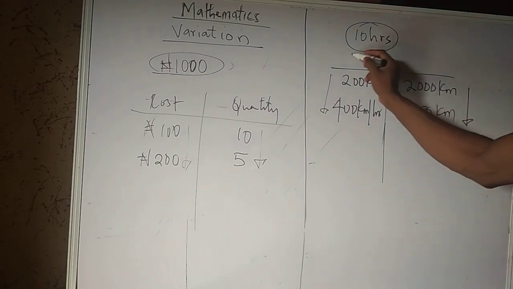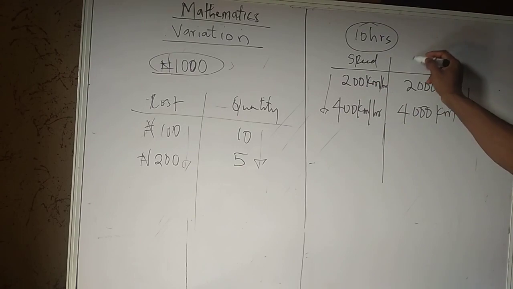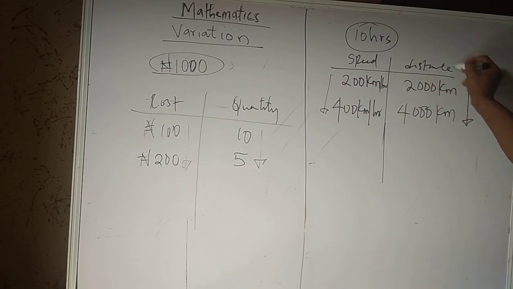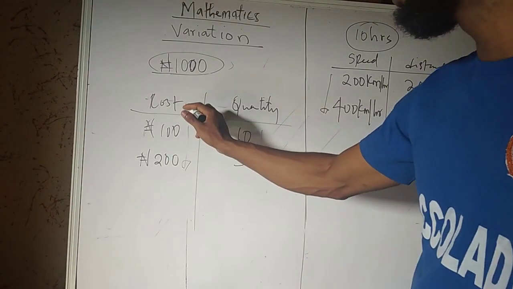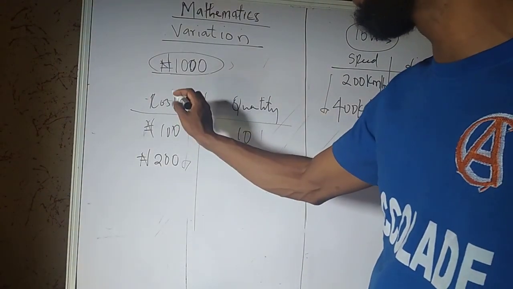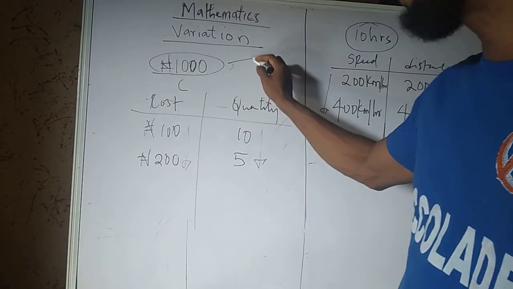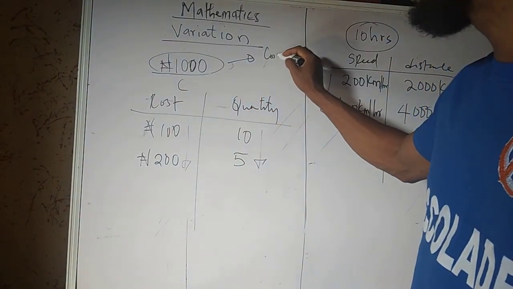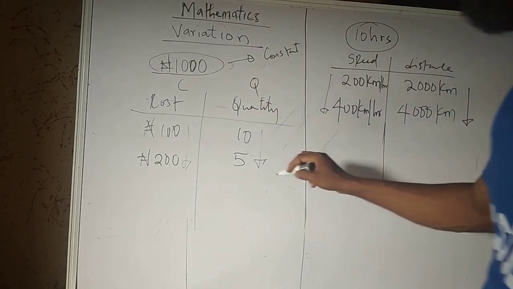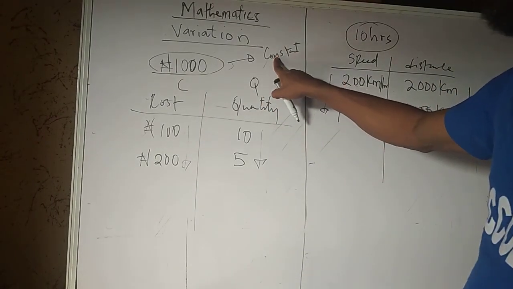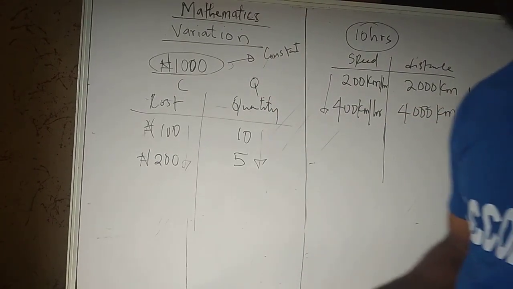Now, in this relationship, every parameter here has a name. In this case, let's call the cost C. This one is called a constant, and Q here is the quantity. So the constant does not change, it remains the same.